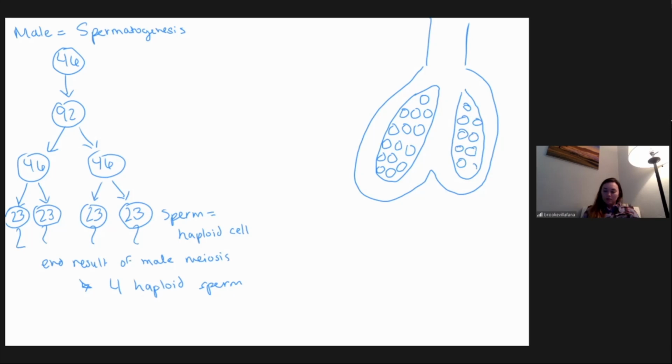Okay, so these would be testes. Each of the empty houses is called a lobule. Okay, so these are the empty houses. Inside of every lobule are seminiferous tubules. So these are kind of inside seminiferous tubules.